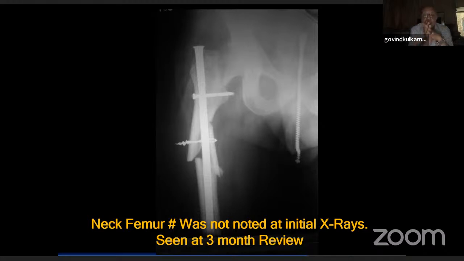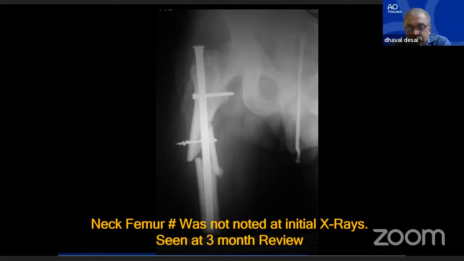Probably not. In the last case I showed you, there was a similar case, exactly similar. A similar type of nail was used, and for 1 year he was walking, and that is why there was a stress fracture at the neck of the femur, secondary to non-union and the patient walking on it.